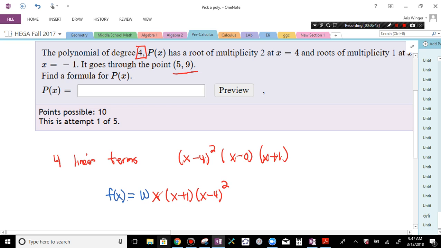This is a function. And when I plug in 5 in for x, I need to get 9. Right? So f of 5 equals 9.